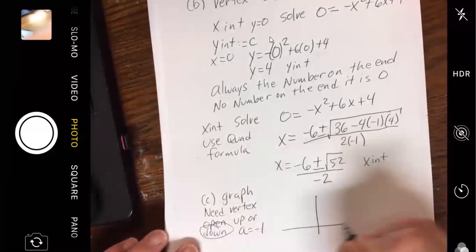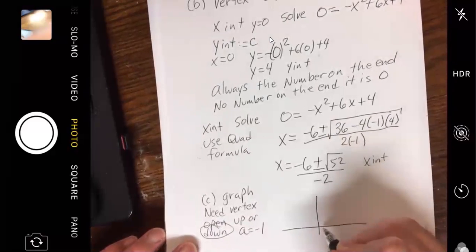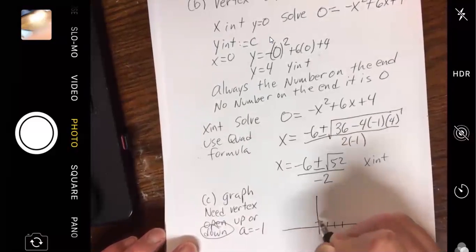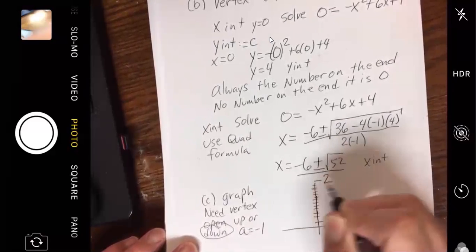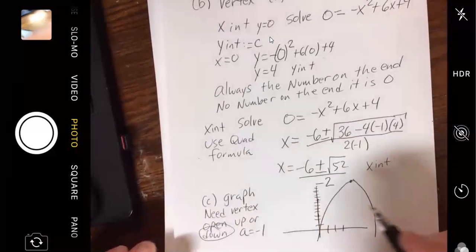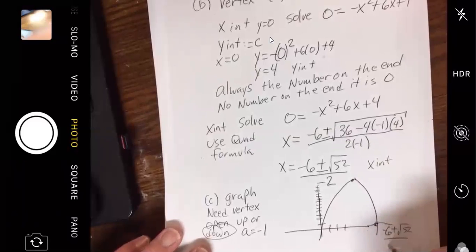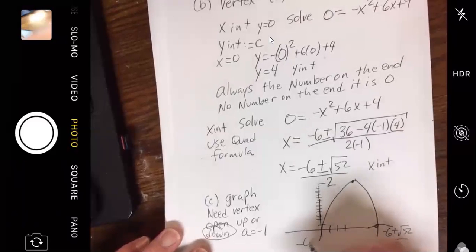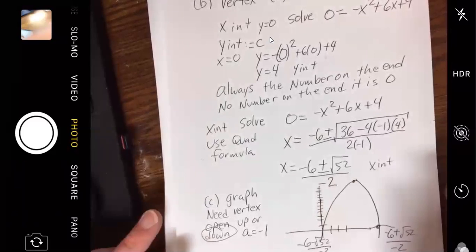So for a very quick graph, the vertex is at 3 and up 13, opening down. And the x-intercepts are negative 6 add root 52 over negative 2, and negative 6 subtract root 52 over negative 2.